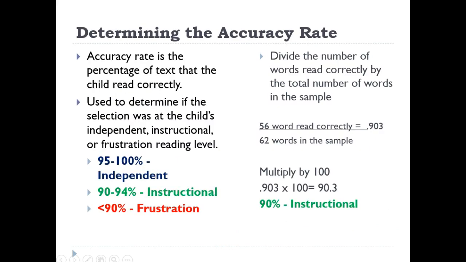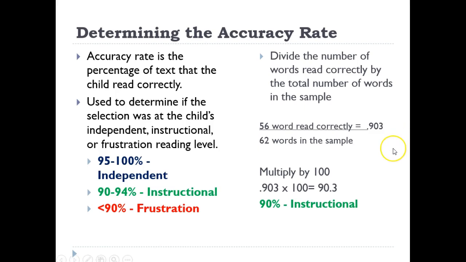Here is another way to determine accuracy rate. It's probably the one that you're most familiar with. Accuracy is defined as the percentage of a text that the child read correctly. You use it to determine if a selection is at the independent, instructional, or frustration level. Divide the number of words read correctly by the total number of words in the sample.